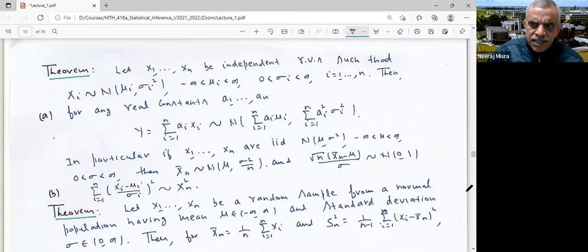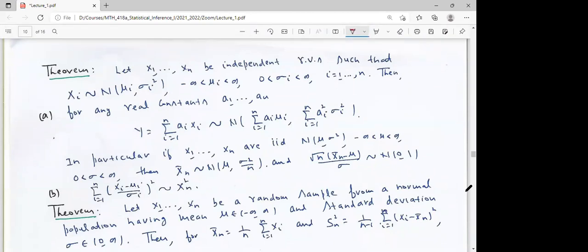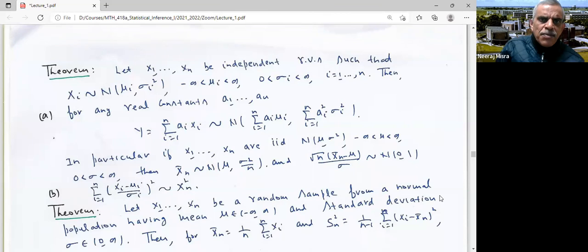The first result which we do today is about independent random variables X1, X2, ..., Xn, where Xi has a normal distribution with mean mu i and variance sigma i square.